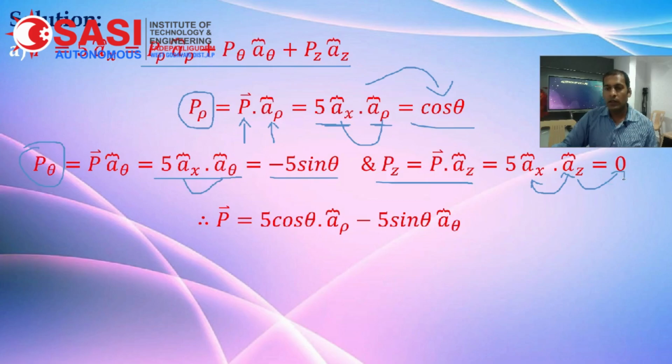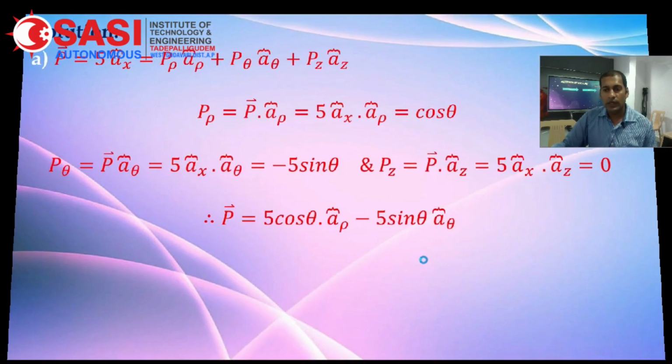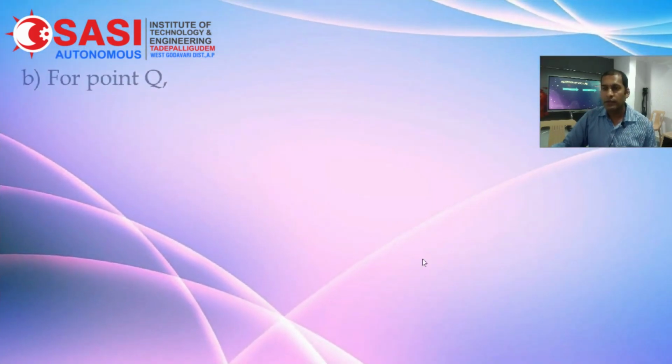So this term will not participate in the point P conversion. So what will be the point P? It is a combination of ρ cos θ in the direction a_r cap, minus ρ sin θ a_θ cap. So that is the conversion solution.